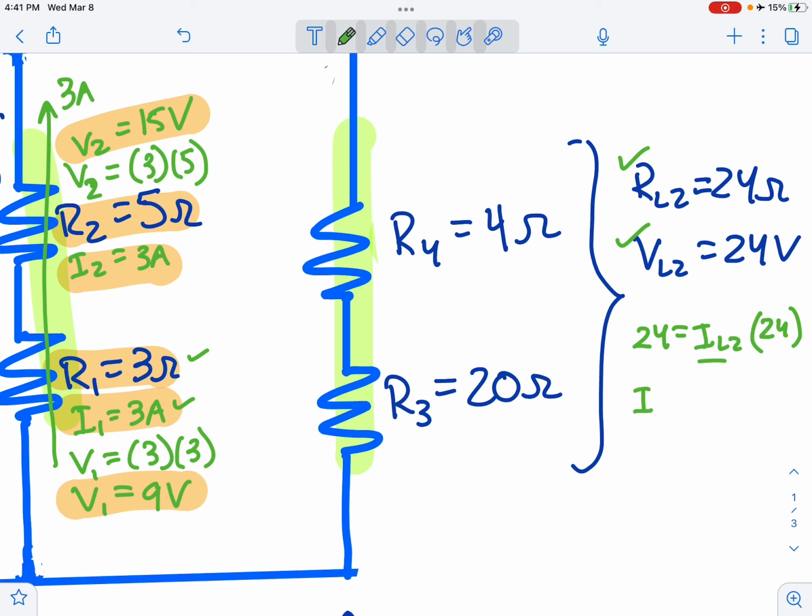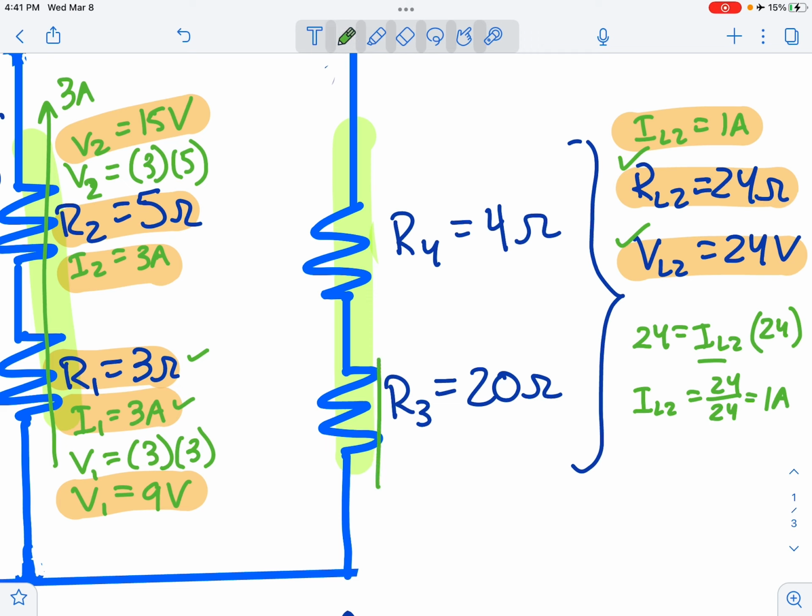So the current of leg 2 would be 24 divided by 24, which is 1 amp. So the current of leg 2 is 1 amp. And so the current going through here is always going to be the same, and that's 1 amp. So the current through resistor 3 is 1 amp, and the current through resistor 4 is 1 amp.